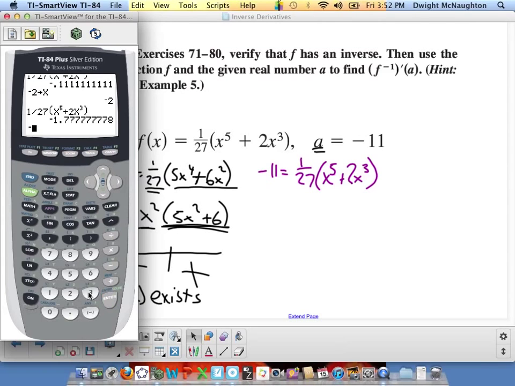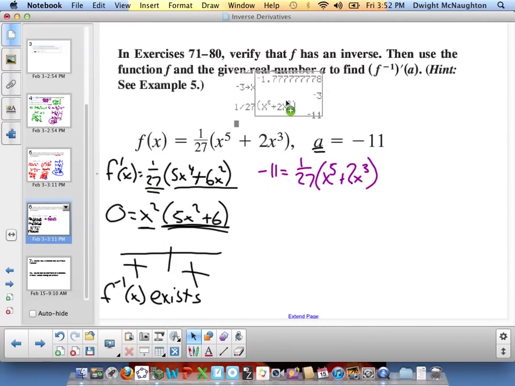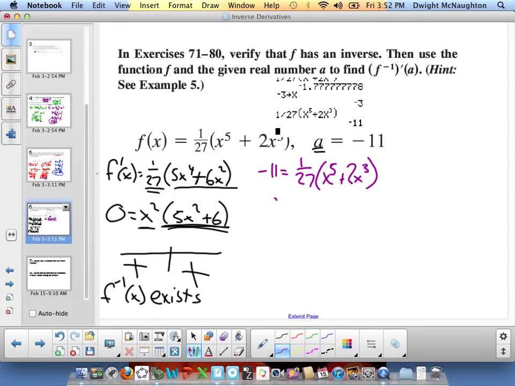Negative 3. Again, I normally don't advocate trial and error, but in this problem, we'll get you there decently enough. So when x is negative 3, the function is negative 11. So when x is negative 11, the inverse function is negative 3.